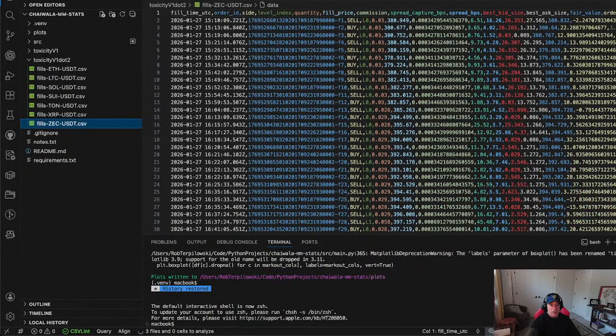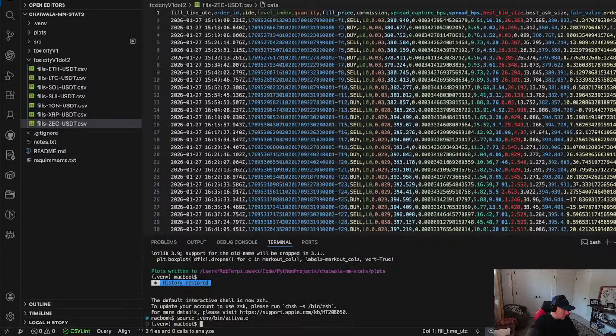So let's go ahead and take a look. Oh, I think I'm actually going to need to initialize my environment first. I don't have my command that I wanted to run here.